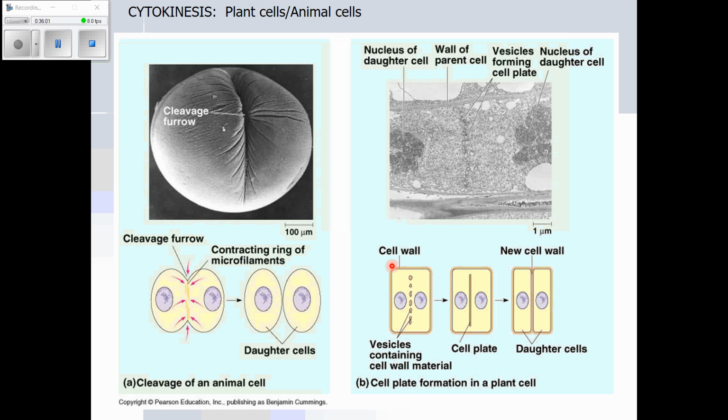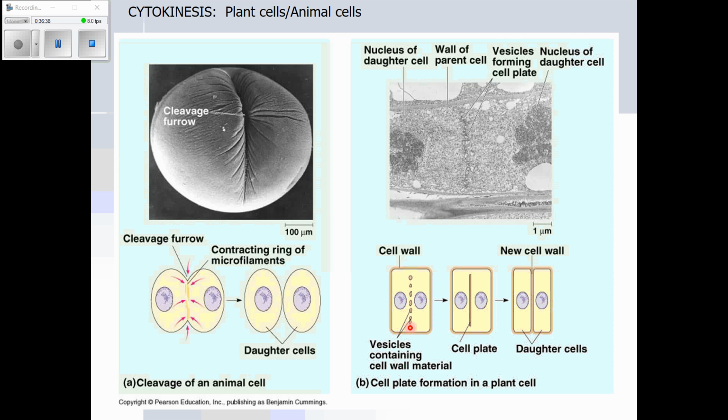So what plant cells do is they use their Golgi apparatus to make lots and lots of tiny little vesicles, and each vesicle contains a tiny amount of cellulose, cell wall material. And as these vesicles are formed by the Golgi apparatus, they start to line up along the middle of the cell, kind of the same way the chromosomes lined up back in metaphase, but this time it's little vesicles containing cellulose.